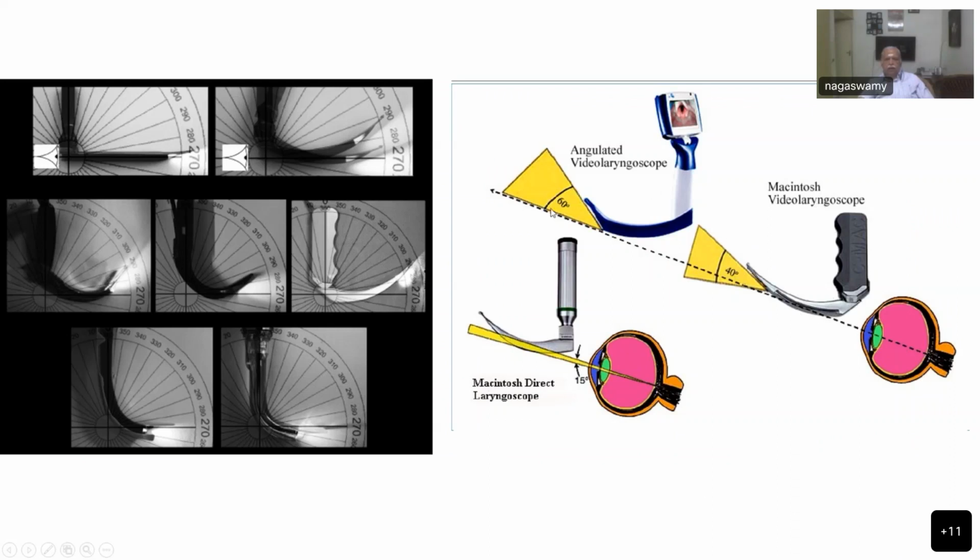And in the angulated blade, the angle is 60 degrees. This point is sometimes asked in the oral examination: what are the various angles of vision in these instruments? 15 degrees for Macintosh, 40 degrees for regular Macintosh video laryngoscope, and 60 degrees for angulated video laryngoscope.